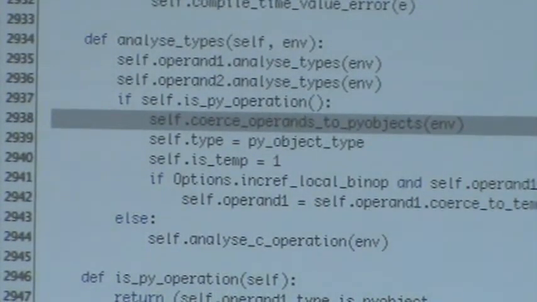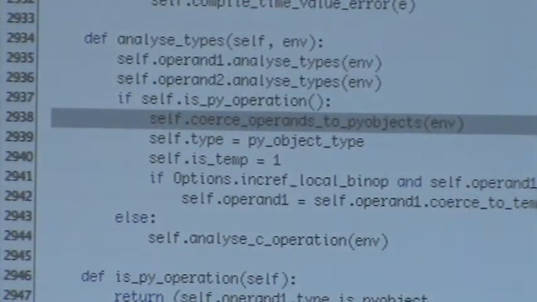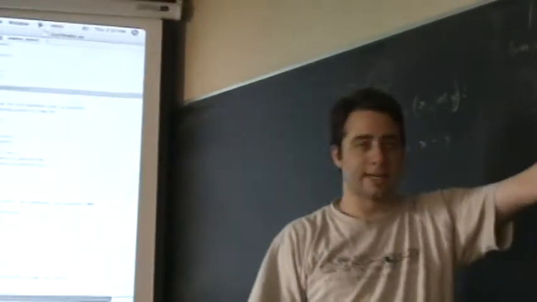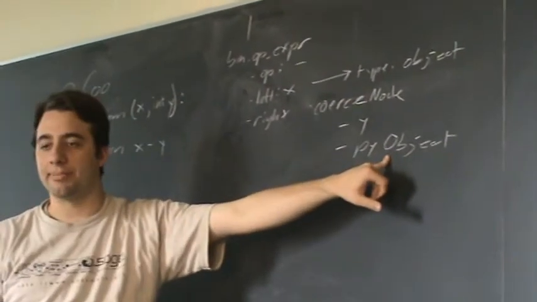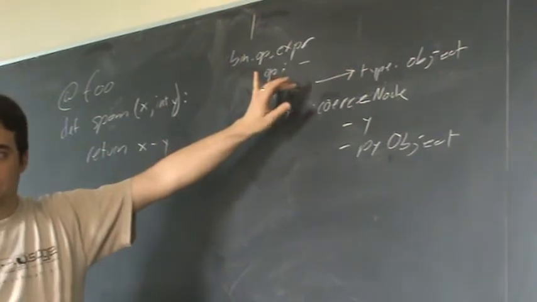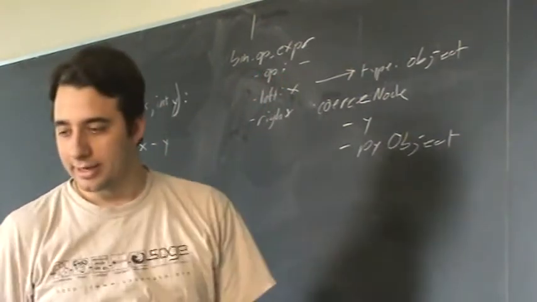So what that does is it takes this thing right here, and it turns it into a node in the tree that corresponds to taking this thing here and coercing it into a Python object. And so now we have two compatible things.